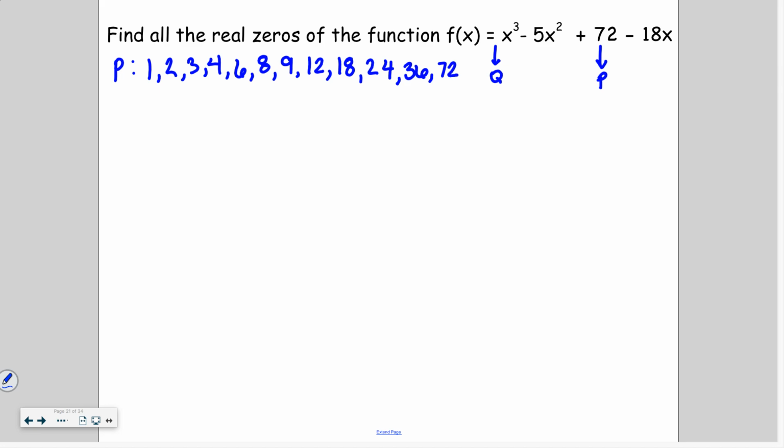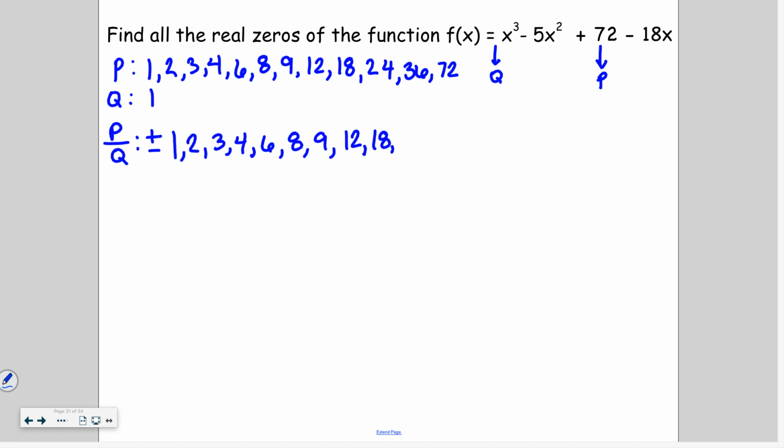My factors of Q, 1. So my P over Q, of course, is the plus minus of all of those. So 1, 2, 3, 4, 6, 8, 9, 12, 18, 24, 36, 72.